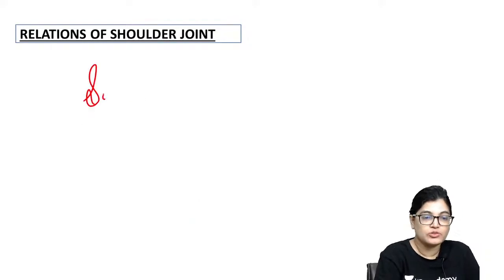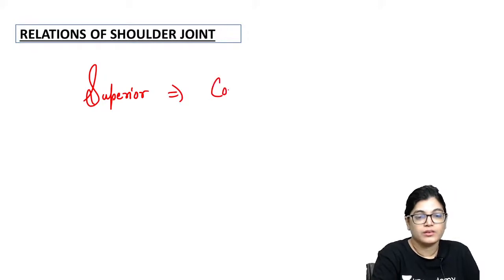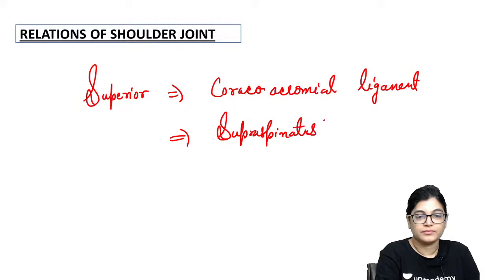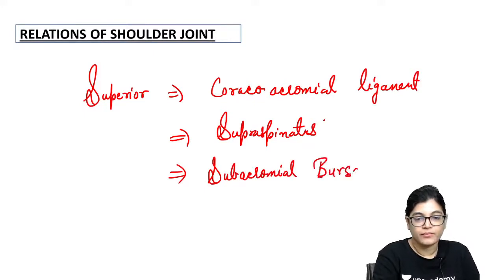Superiorly, when we talk about the superior relation, it is related to the coracoacromial ligament, the supraspinatus muscle tendon, and also the subacromial bursa, and superiorly it will also have the deltoid muscle.